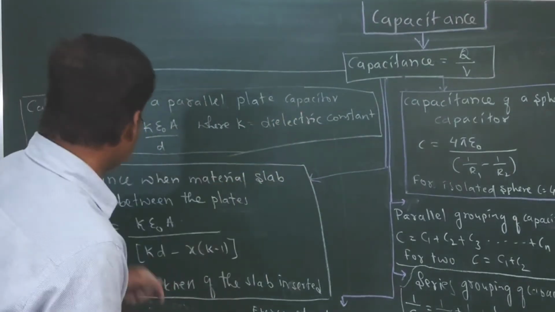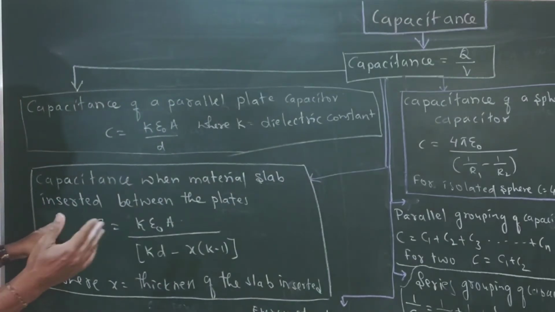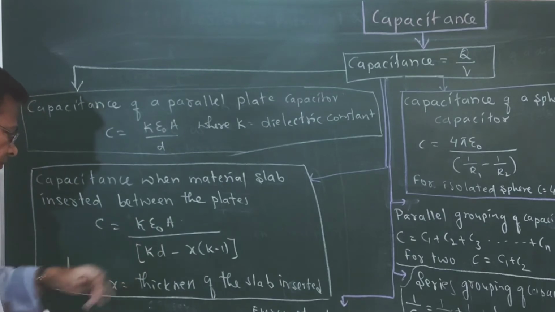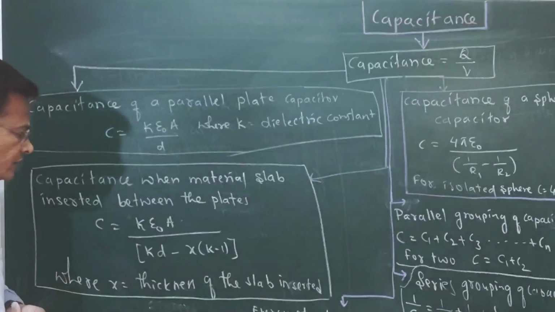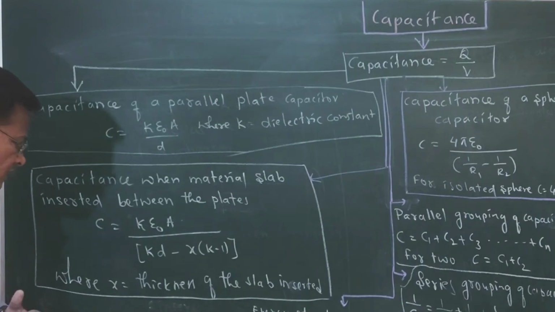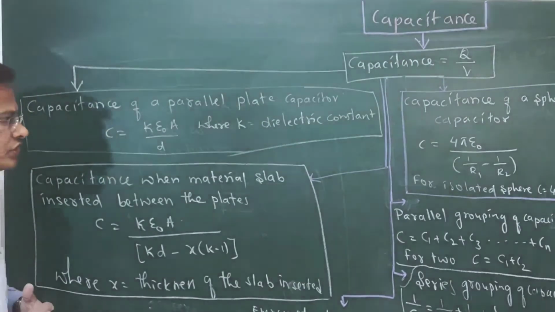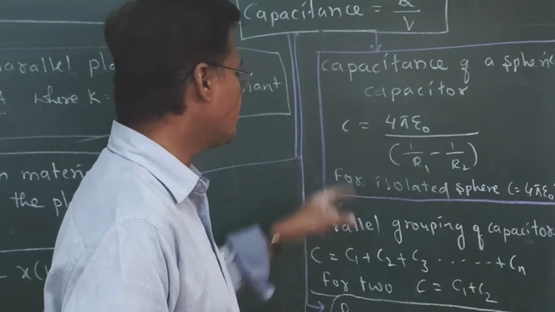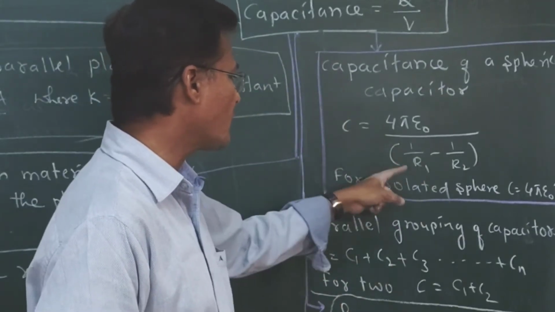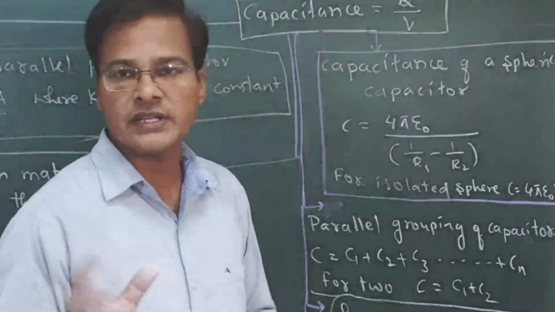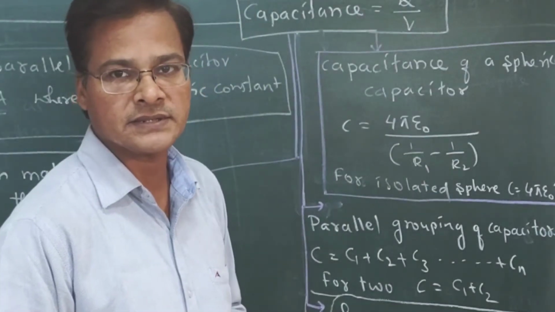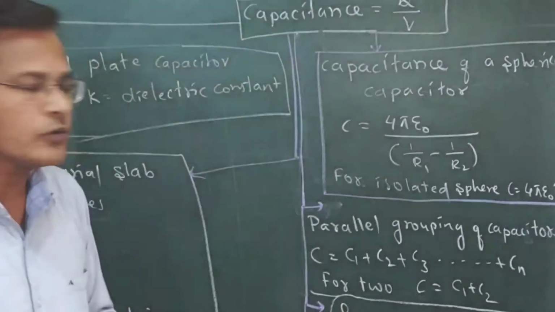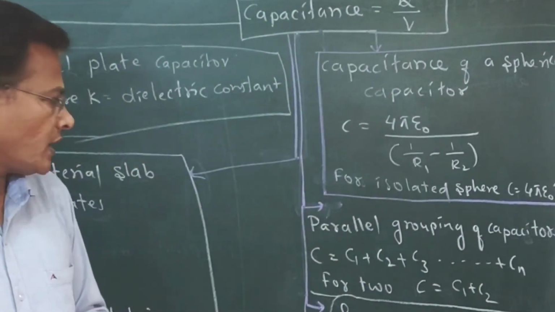When a material slab is inserted between the plates, then C equals K epsilon naught A divided by (KD minus X(K minus 1)), where X is the thickness of the slab inserted. Next, the capacitance of a spherical capacitor is C equal to 4 pi epsilon naught divided by (1 by R1 minus 1 by R2). If it is isolated, then C equals 4 pi epsilon naught R.